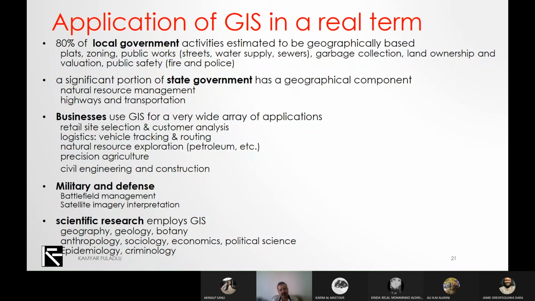A significant proportion could be shaped by state government. Business owners use GIS for a variety of purposes. Military and defense, scientists and researchers, all of them employ GIS, and all these people are GIS users.